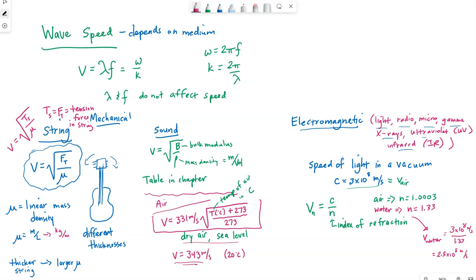It slows down, which also explains why, if you're in a swimming pool and you look down at your legs, they look shorter, they look different in general. That's because as the speed of light changes, the direction the light is traveling in also changes. We call that refraction.